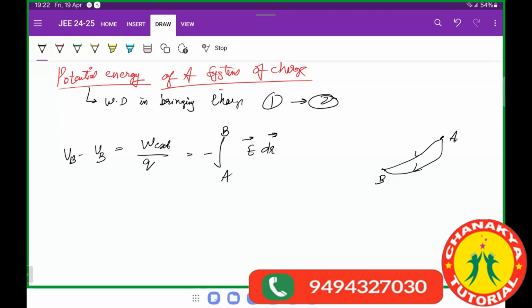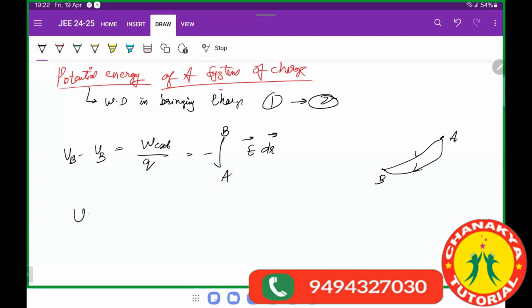In this case, if we take a small length here, suppose it will become dl. It doesn't matter, it's just variables. Small length dl or small length dr, whatever. Generally r is taken for distance, so here we'll take dl for length. Now, if we have a system of two charges, then what we'll do?